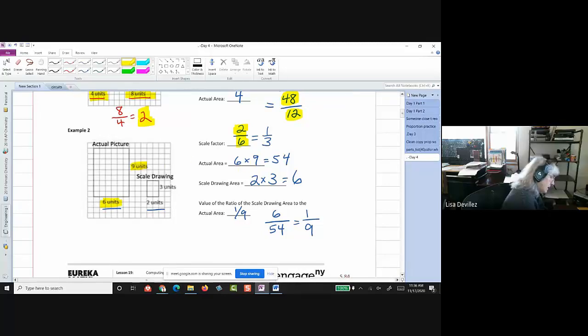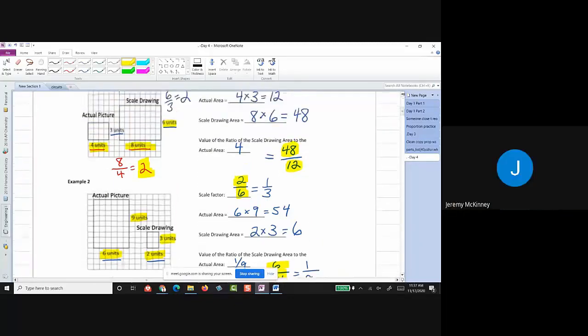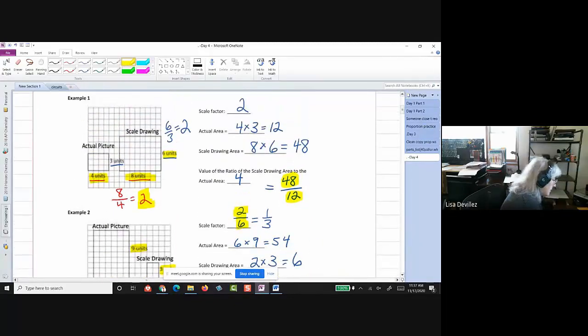All right, so our actual area, 6 times 9, is 54. And then the area for the scale is going to be 2 times 3, or 6. And then if I look at the ratio of the scale area to the actual, I get 6/54, which is 1/9. And so one thing to notice here, look at our scale factor when we're looking at one dimension versus the scale factor when we're looking at the areas.